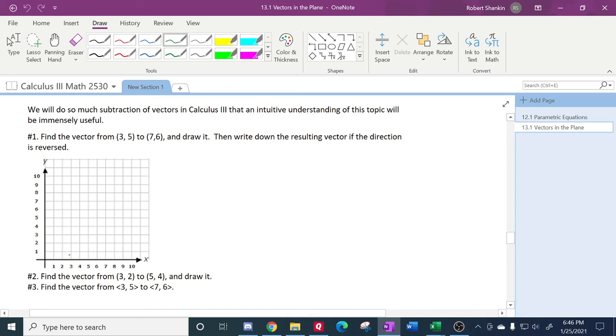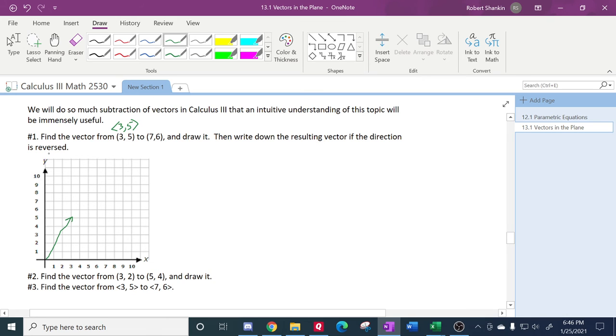Okay, so the vector from the point 3, 5. If I was doing the point 3, 5 and I said, oh, here's 3, 5, that wouldn't be right because it didn't say 3, 5 as a vector. It said 3, 5 as a point.